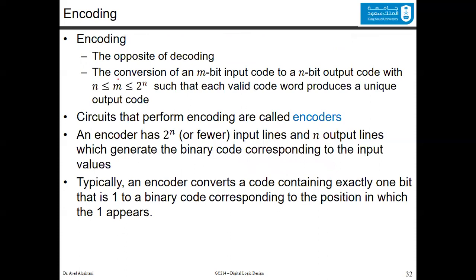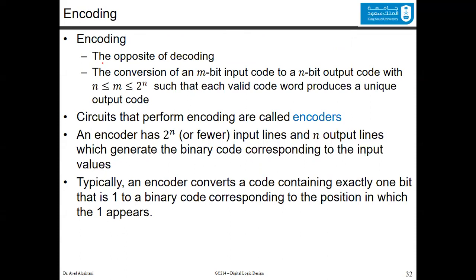Now we will discuss the other idea, the second core idea of this talk, which is the encoding. The encoding is close to decoding. There is a relationship between the encoding and decoding.